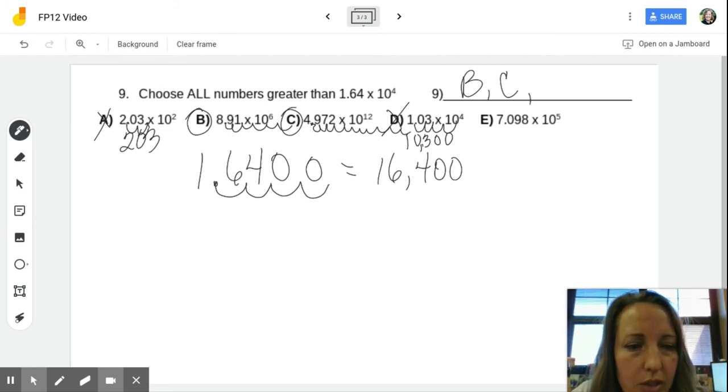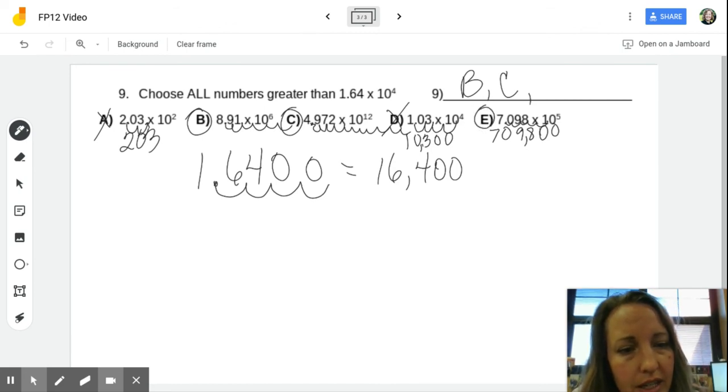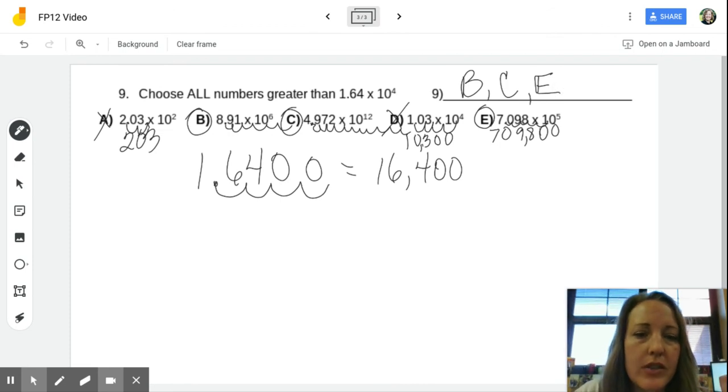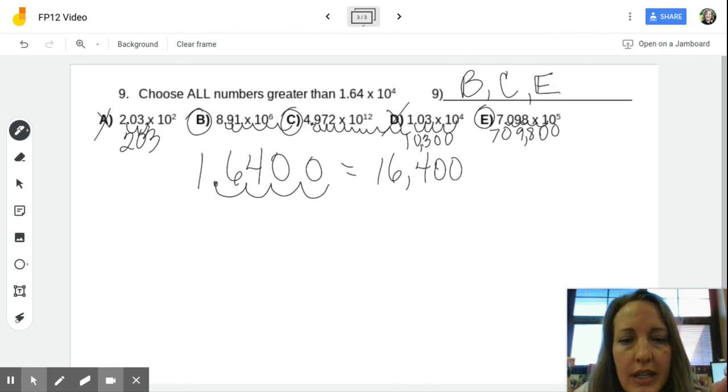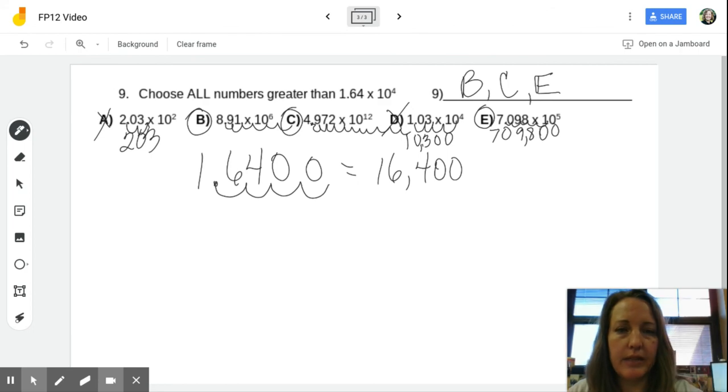This one could also be close, so we have 7, and we move it over 1, 2, 3, 4, 5. I think I can see already. It is much bigger. So 709,800 is also greater than. So my answer for number 9 is B, C, and E.